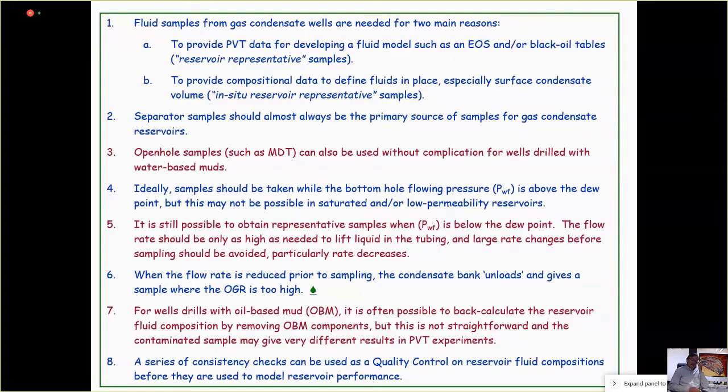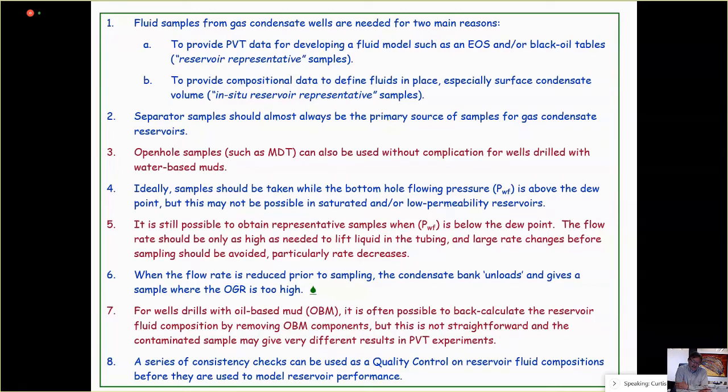All right, so fluid samples from gas condensate wells are needed for two main reasons. This we discussed yesterday. The first is to provide PVT data for developing a fluid model, such as an equation of state, and generating black oil PVT tables that we've already discussed. That's what we refer to as reservoir representative samples: basically not contaminated samples with good quality PVT measurements.